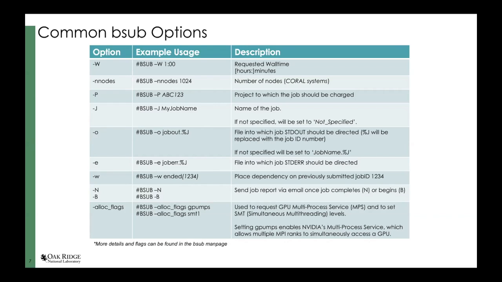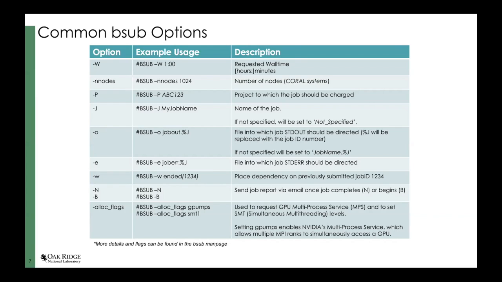Neither of those are real helpful, so I recommend naming the job with -J. I think those first four flags, you can add more, but those should be in all of your batch submissions. Going down, again, these and more are in the bsub man page.